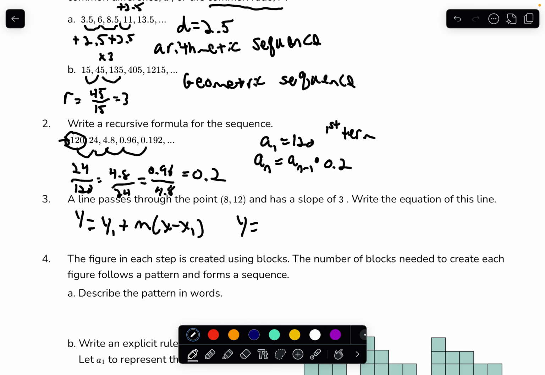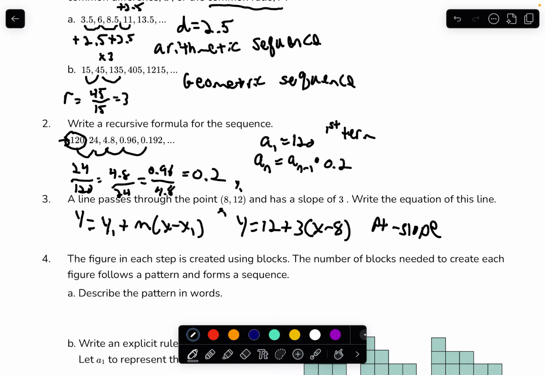So using the m they gave us and the point, remember y1 is just the y value of the point, and x1 is just the x value. So this would be y equals 12 plus 3 times x minus 8. And that's the answer. That's the equation of the line, in point-slope form. You will be given these formulas for your test.